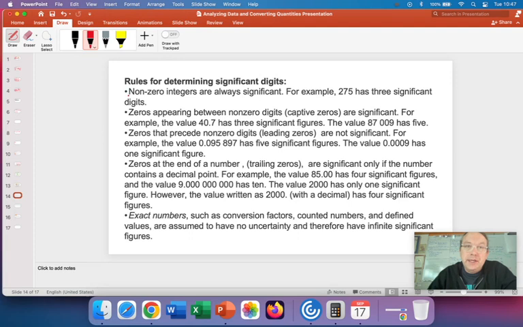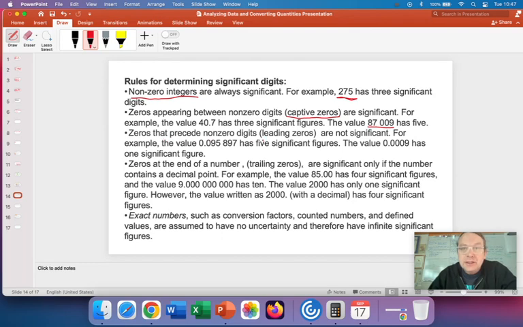So we always say that non-zero integers are significant, like the number 275 has 3 significant digits. For zeros, sometimes they are significant and sometimes they're not. If they're between non-zero digits, those are called captive zeros, and those are significant. So this number, 87,009, these 2 zeros are significant. So we say it has 5 digits.